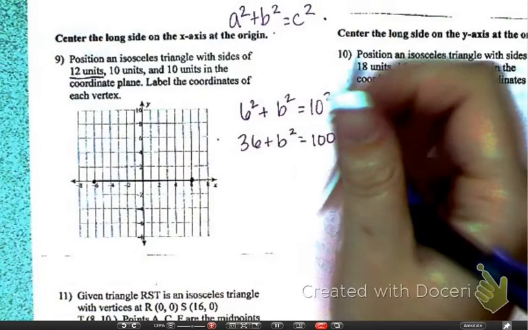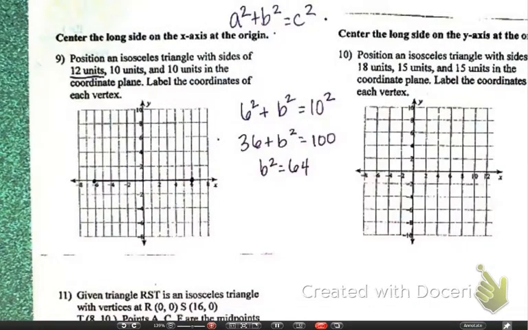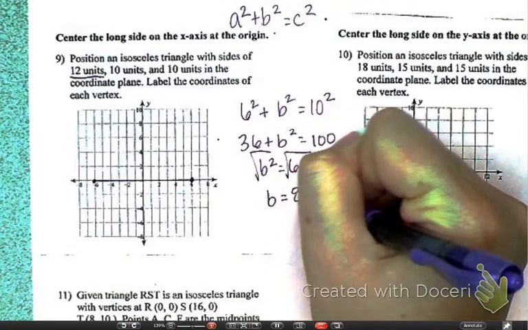If I subtract 36 from both sides, I get 64. And how do I get B by itself? You do the square root of 64. Good. Take the square root of both sides, so that means B equals 8.